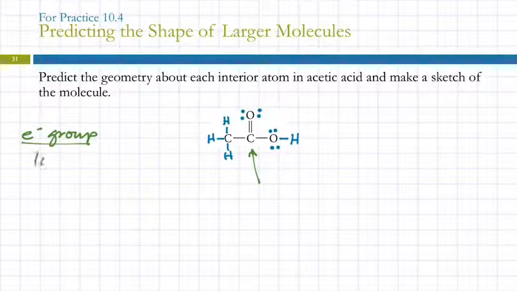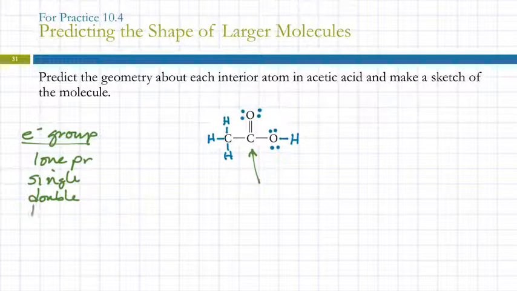An electron group is a lone pair, single bond, double bond, triple bond, or single electron. Each of these is one group. A double bond is one group. So how many electron groups around that carbon? 3.